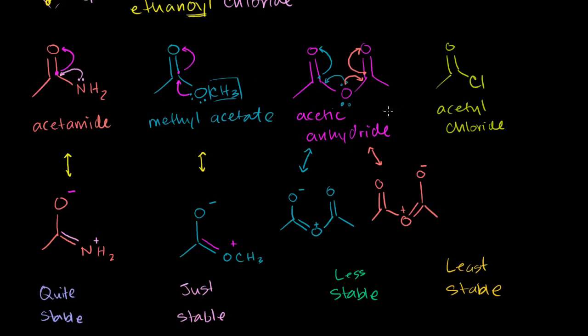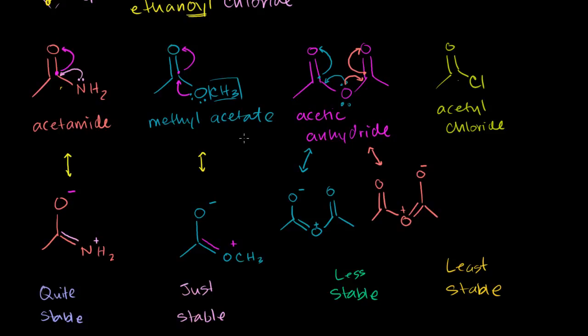But since we know their relative stabilities, we know that if you start with an acetyl chloride, you're much more likely to go to an acetamide if you have the proper ingredients there, if you have some amines floating around, than the other way around. You're much more likely to go from that to that, because this is much less stable than that, than you are to go from acetamide to acetyl chloride.